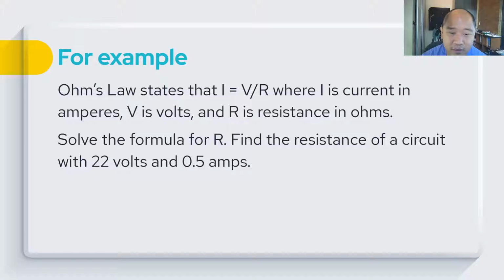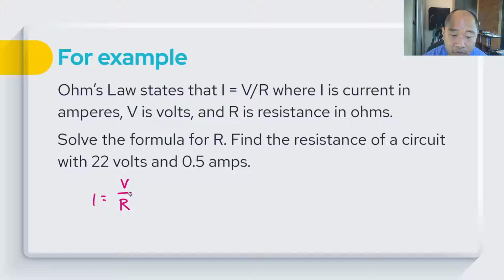Here's another example. Ohm's law states that the current in amperes is equal to the volts over the resistance in ohms. So we're going to solve the formula for R. So again, we have current equals volts over resistance.